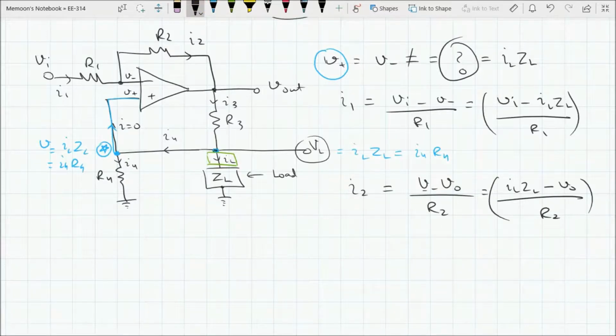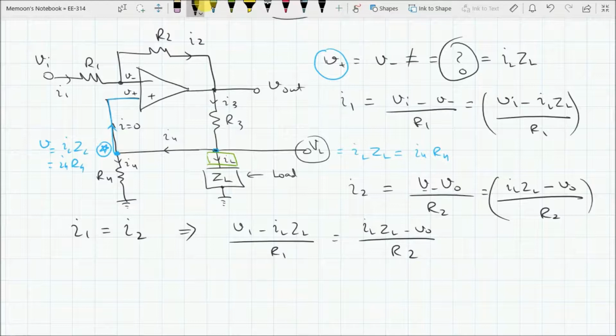But we know that I1 is equal to I2 because no current flows into this negative terminal. So this means that Vi minus ILZL over R1 is equal to ILZL minus V out over R2. So this is our equation 1.